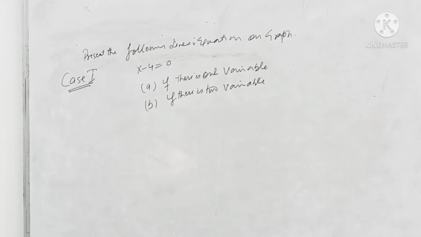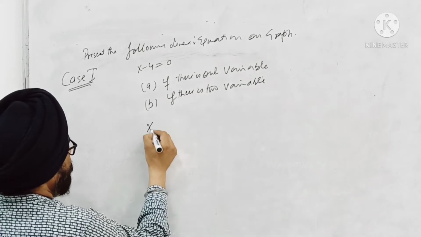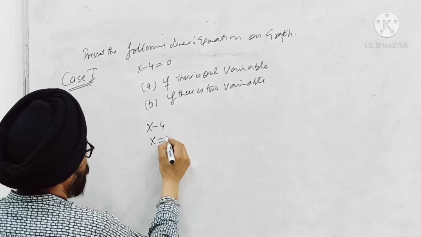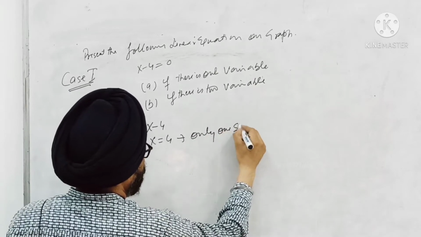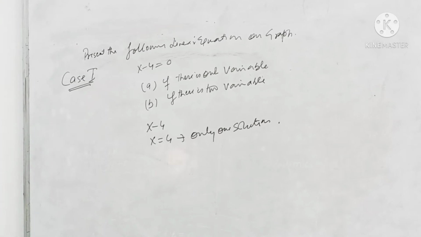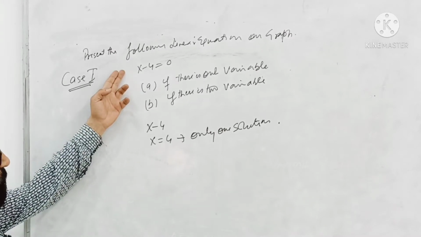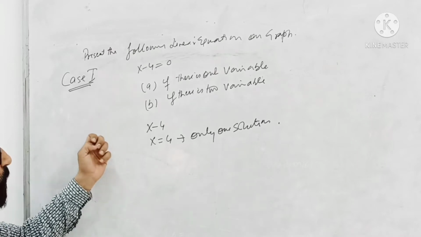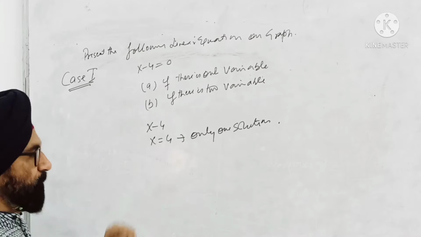If there is only one variable, then it is simple: x minus 4, x is equal to 4, there is only one solution. We already discussed that in case of one variable, x has only one solution. If we treat this equation as a one variable equation, then x will be 4.